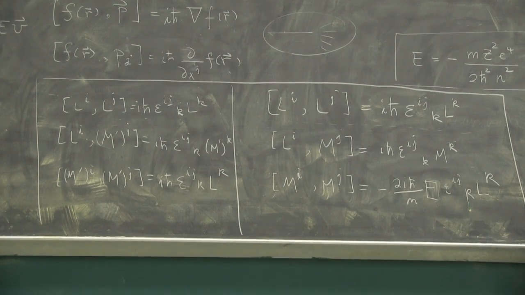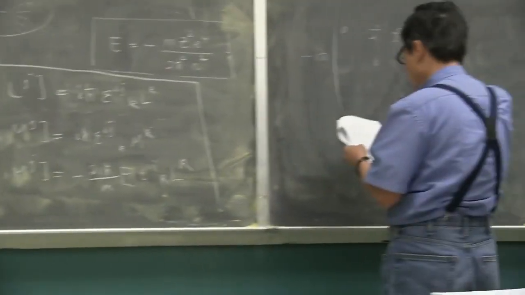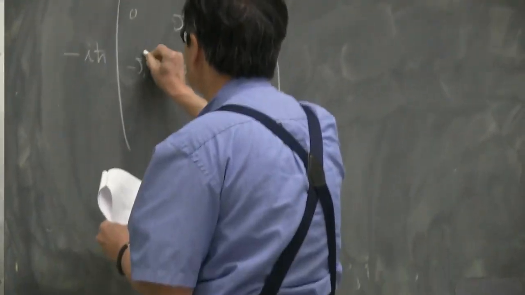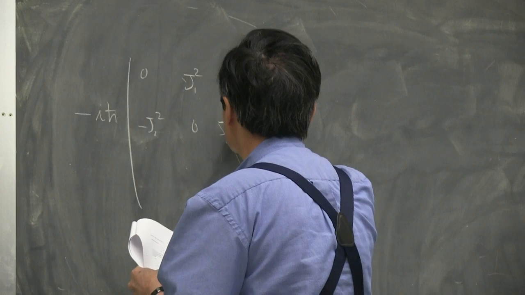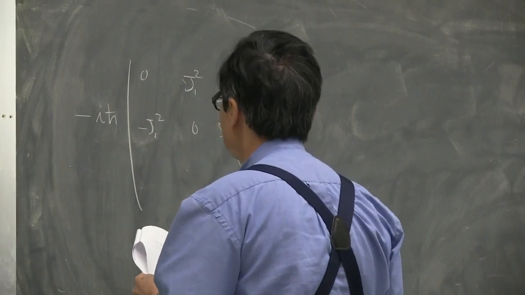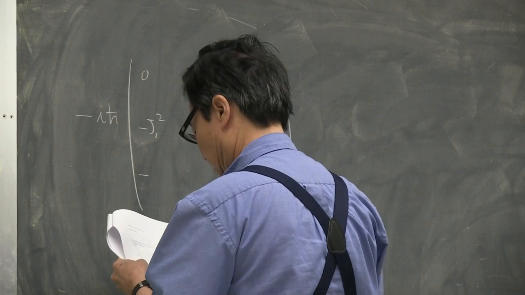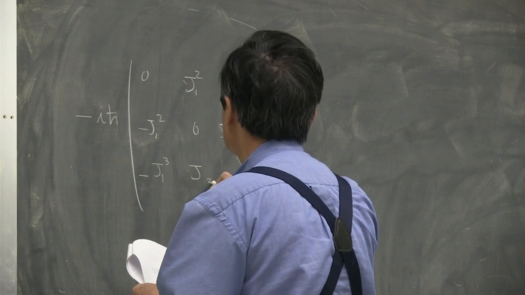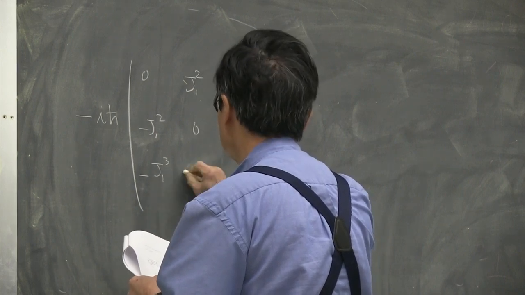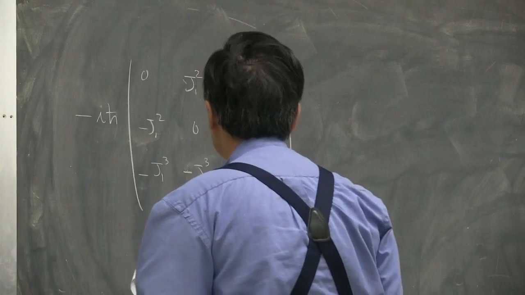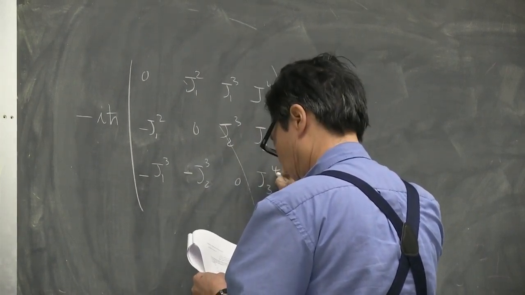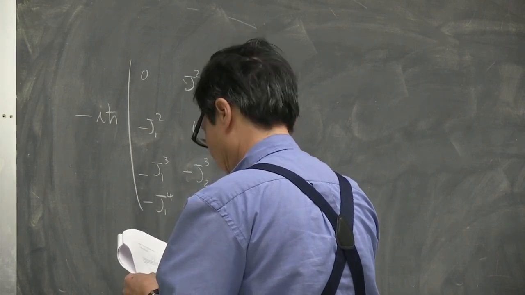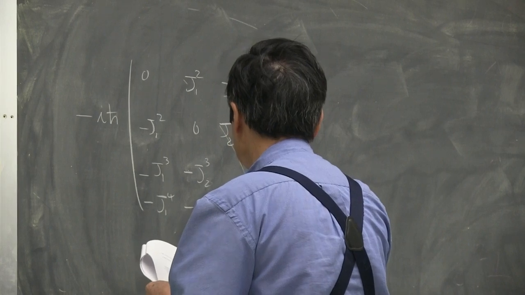This one is J12, this one is J13, this one is J14, this one is minus J12 because it's anti-symmetric, this one is J23, this one is J24, this one is minus J13, J32, which is minus J23, and this one is J34, and of course here would be minus J14, minus J24, minus J34.